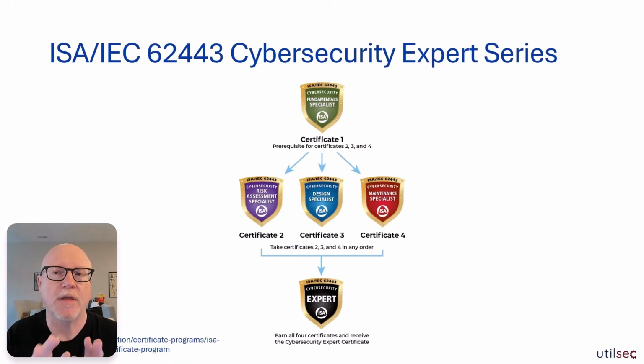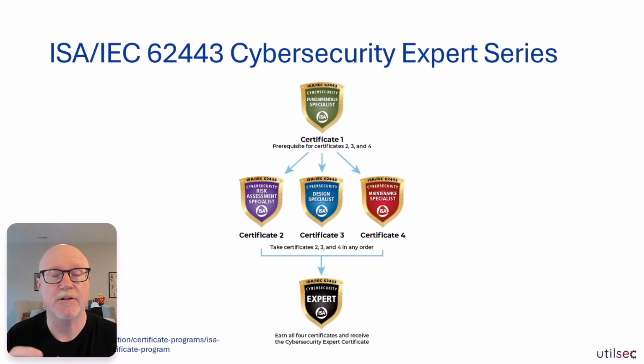This is actually what we call the ISA IEC 62443 Cybersecurity Expert Series, right? That's a lot. Real quickly, when we talk about 62443, which we're going to talk about a lot in this course, 62443 is the gold standard in establishing a cybersecurity management program for your OT network.